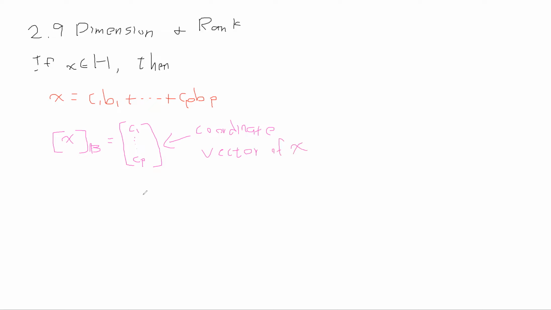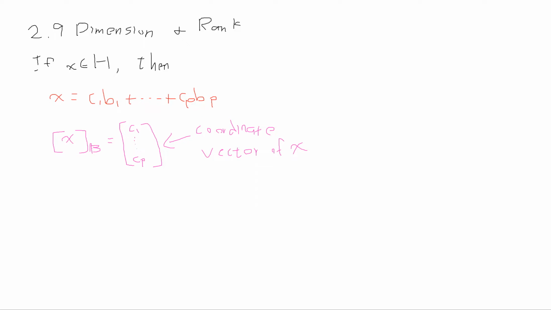Meaning, if we want to get the vector x, all we need to do is use these weights and find the linear combination of b1 to bp, then we will get the vector x. It's kind of like writing this equation, this linear combination, in a simpler way, which is just using the weights c1 to cp.